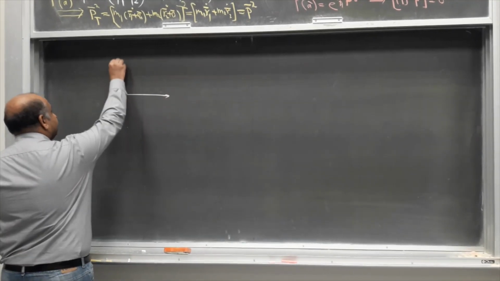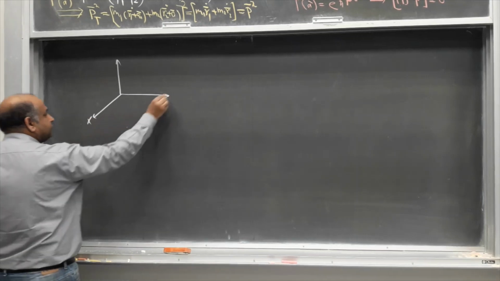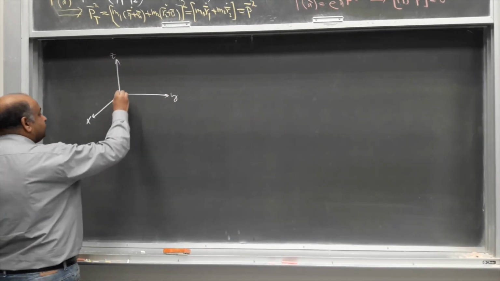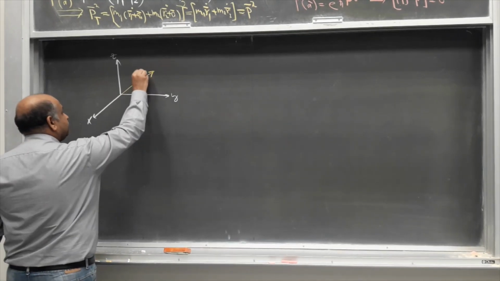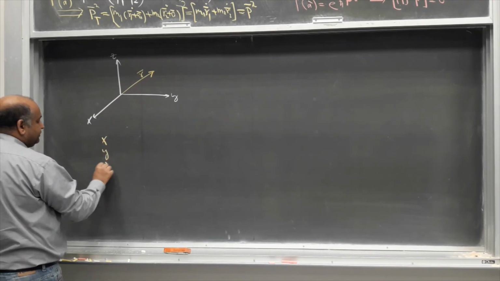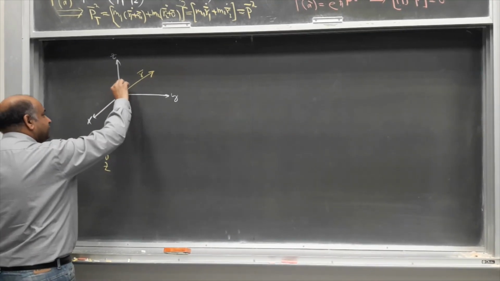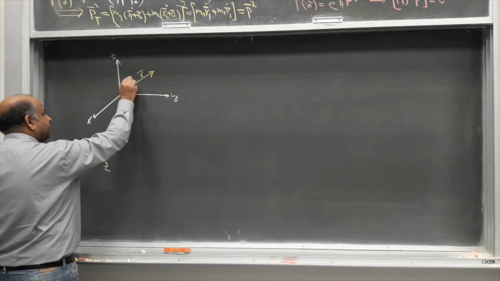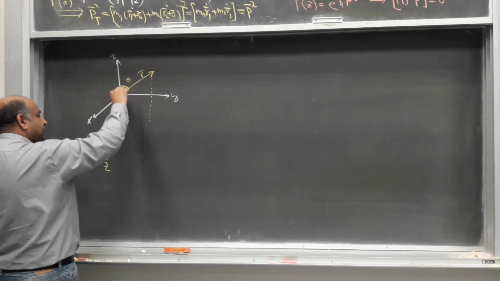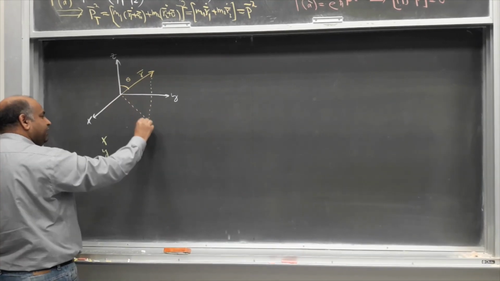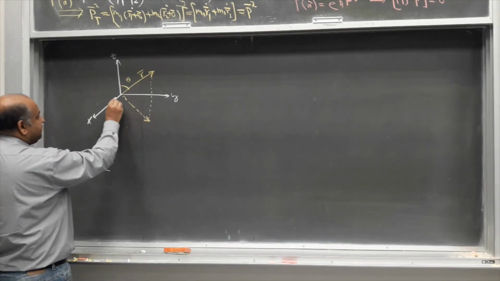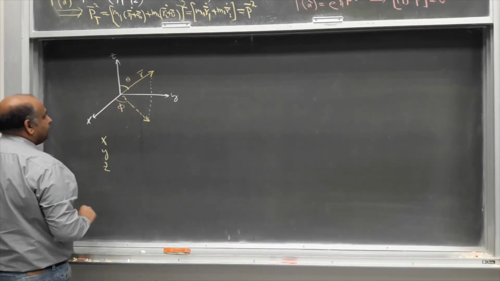Let's suppose we have x, y, and z, and there is this position vector r with coordinates x, y, and z, such that this is angle theta, and if we project this vector in the xy plane, the angle made by this projection vector with the x-axis is the angle phi.